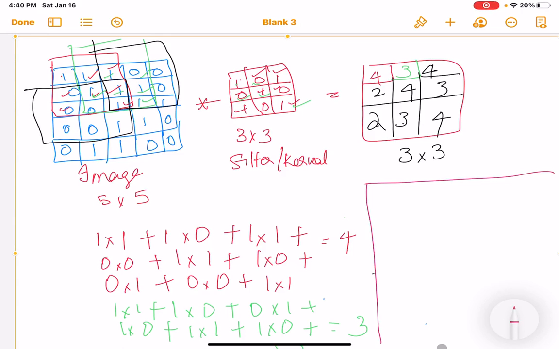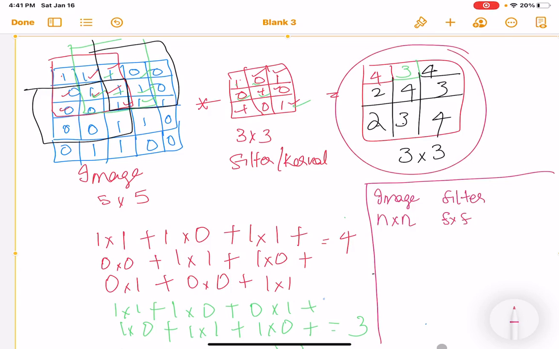Now from this example, I can say that if I have an image of size n cross n, and if I have a filter of shape f cross f, then the output image created using the convolutional operation will be of the size n minus f plus 1 cross n minus f plus 1.